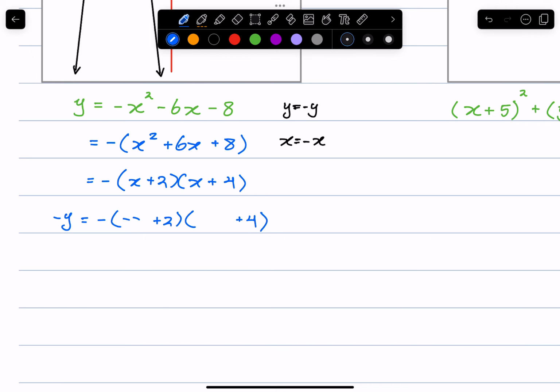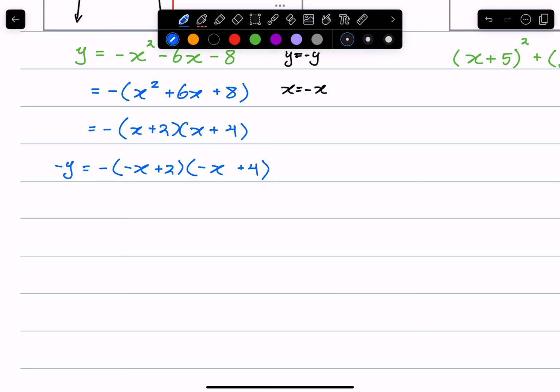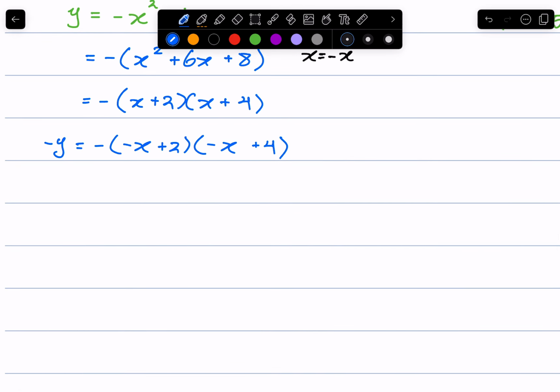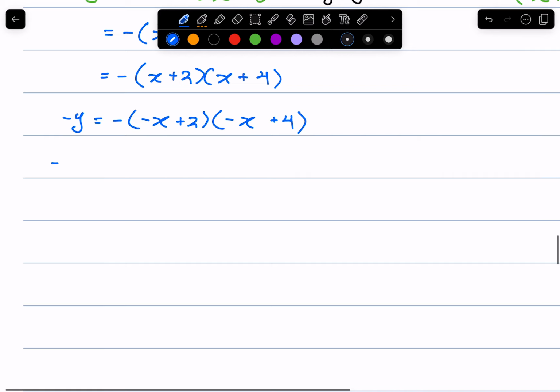This becomes negative x, and now, just as we did before, we're going to factor out this negative from this first group. Now there's a lot of negatives going on here, so let's take this real slowly. So this negative is from this one, and in this group, I'll actually do this in orange so we can see.